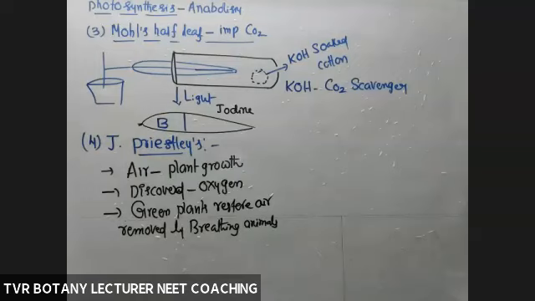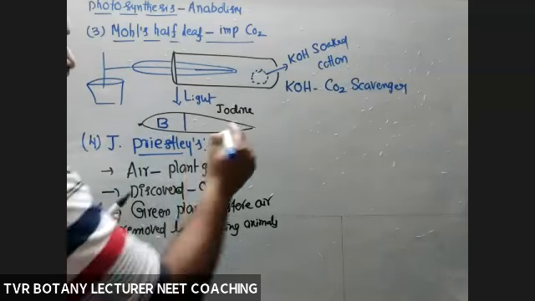Breathing animals means they are taking oxygen. So that oxygen is depleted by breathing animals, restored by green plants. Right? So what about the experiment of Priestley?